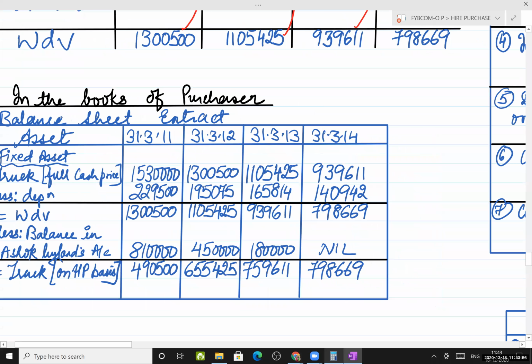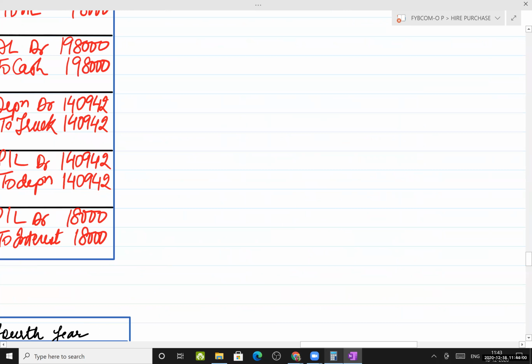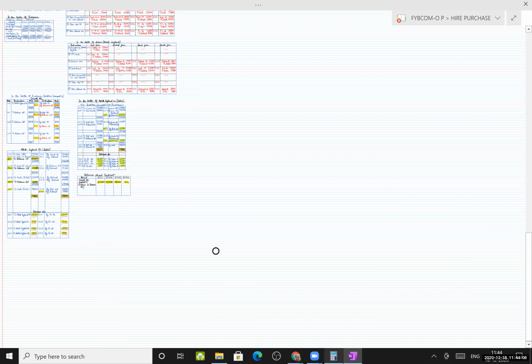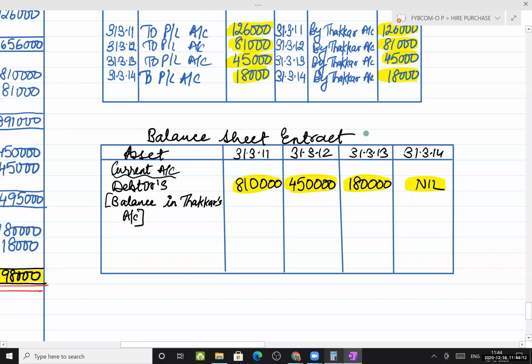Next, a small balance sheet from the seller's perspective. The balance sheet extract from the seller's perspective.